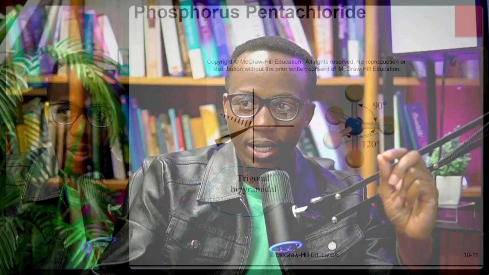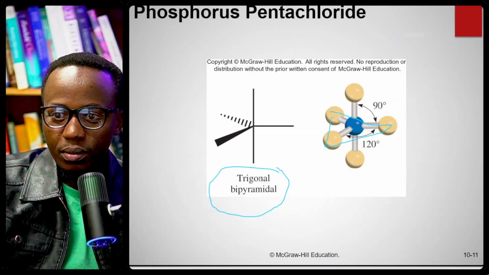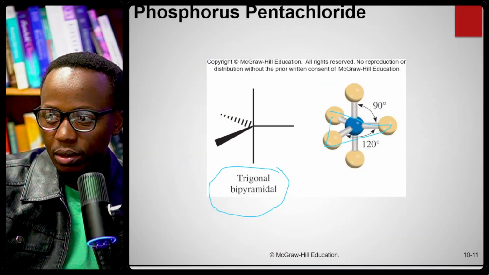It's a triangle with a pyramid on top and a pyramid at the bottom. Trigonal bipyramidal, right? So if you have something in the middle bound to five things, it's trigonal bipyramidal.